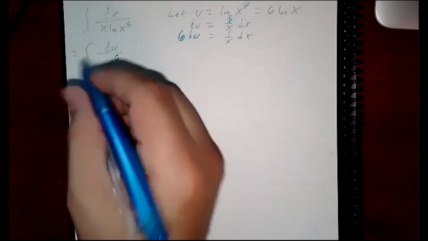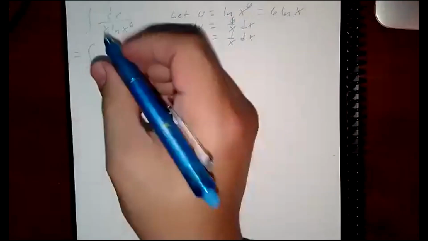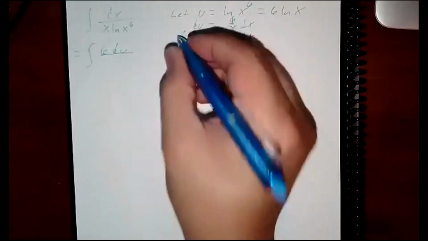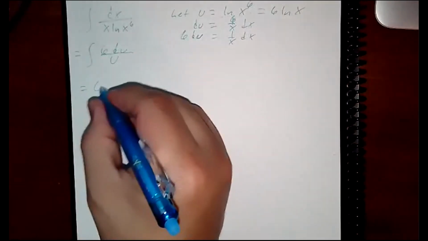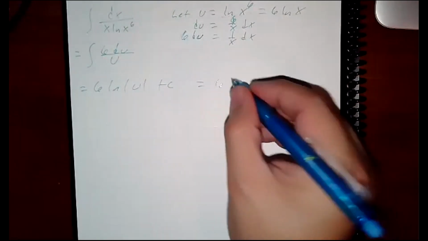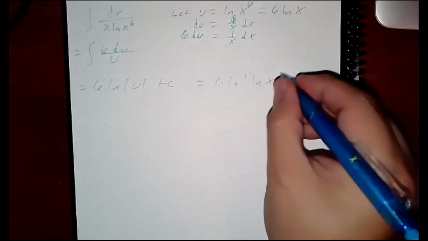So then the sub would be 6 du over u. That would become 6 ln of u plus c, which is really 6 ln of x to the 6.